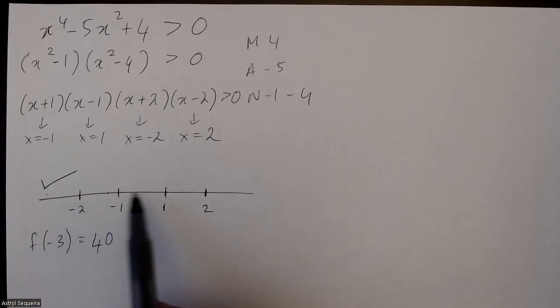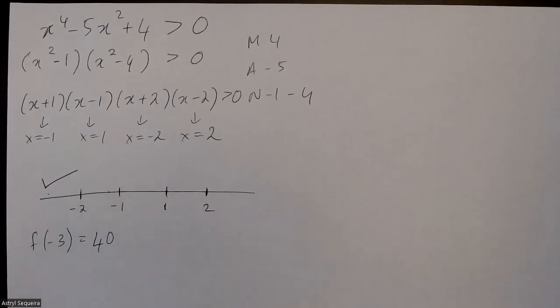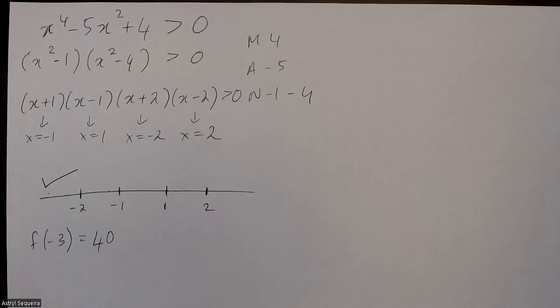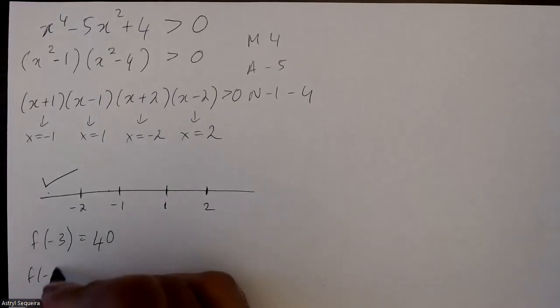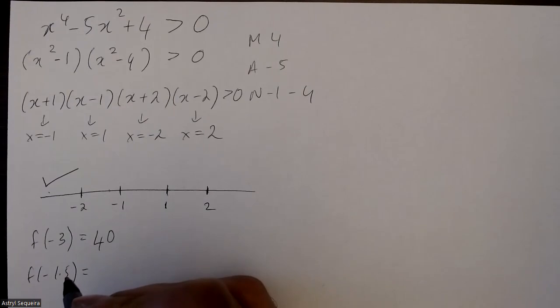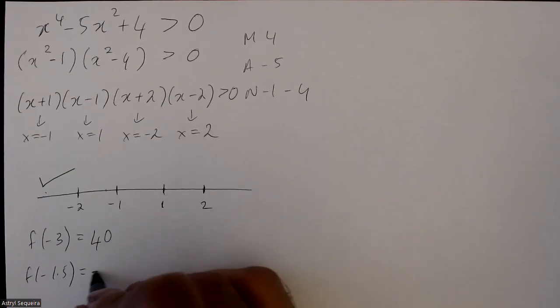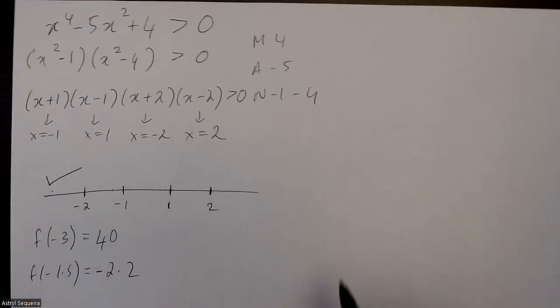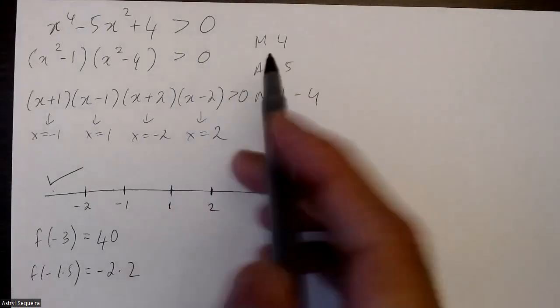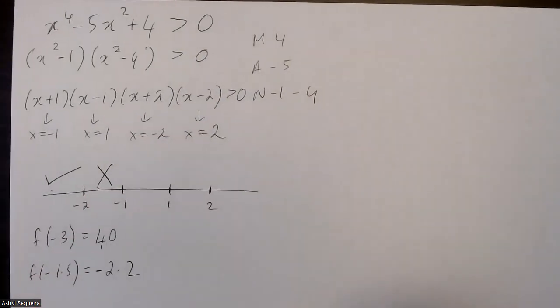Then I'll sub in a value between these two, so I can sub in -1.5. And f of -1.5 is approximately -2.2. So that is not greater than 0, so this range is no good.